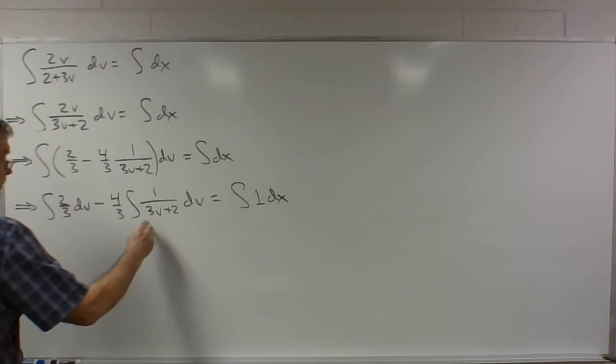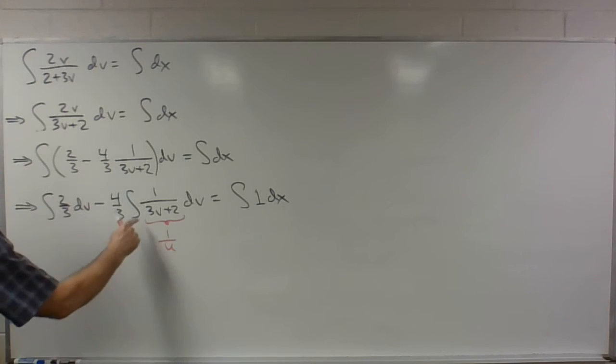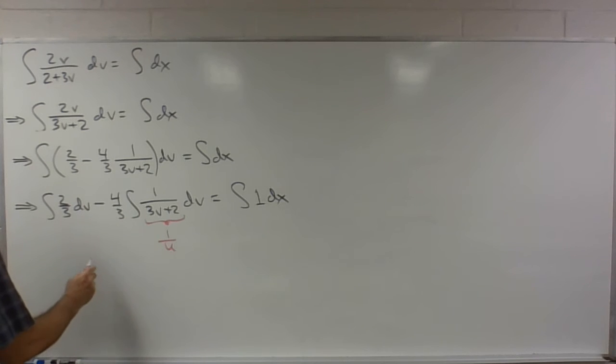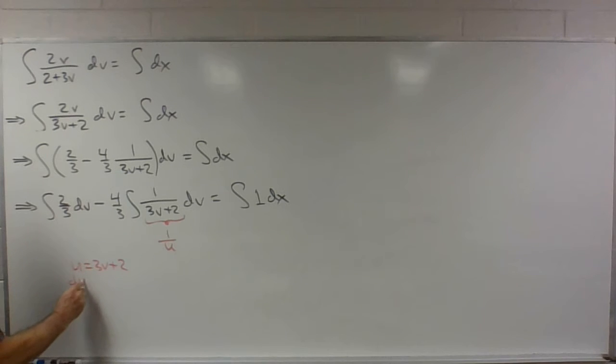Cool. This thing, we'll call that 1 over u, where u is 3v plus 2. du dv is 3. du is 3 dv.